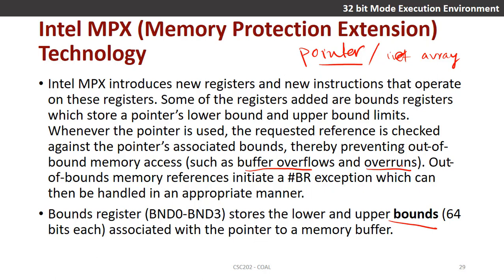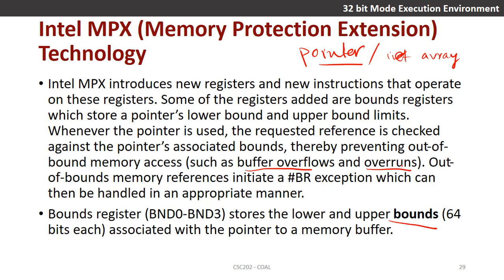Initially it was supported by different compilers like GCC and the Linux kernel as well. But nowadays, GCC version 9.x doesn't support Memory Protection Extension, and even the latest Linux kernel doesn't support it either.